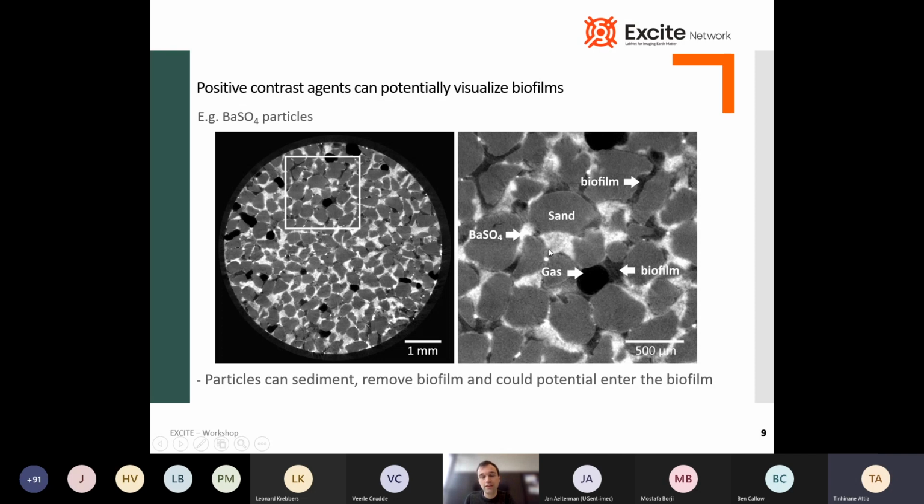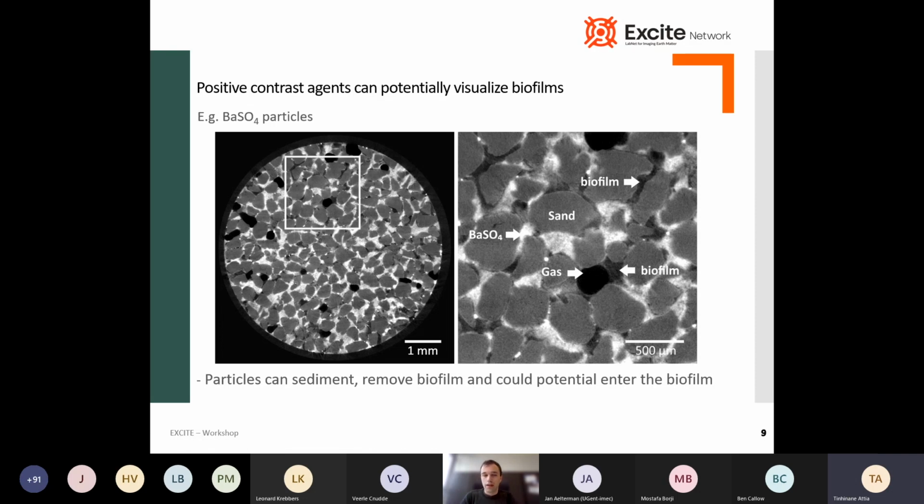The barium sulfate is very dense, so it has very high attenuation, and you can see it as the white phases on the image. But the particles are too big to enter the biofilm. So the biofilm remains unstained. So now it's possible to distinguish the biofilm from the barium sulfate.